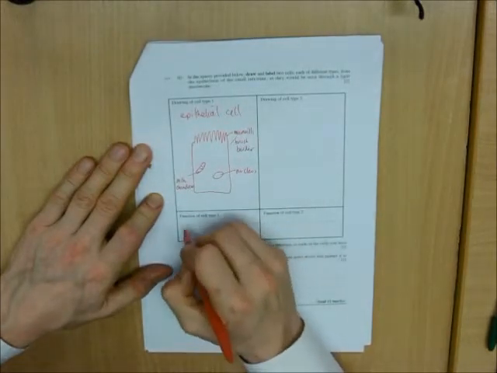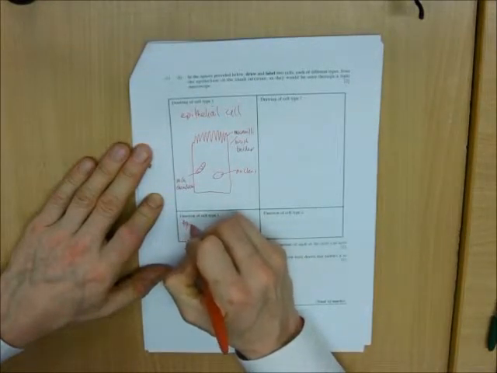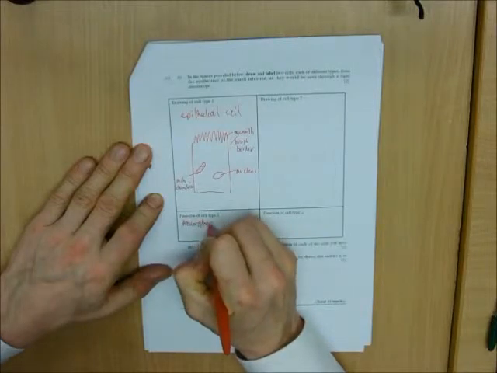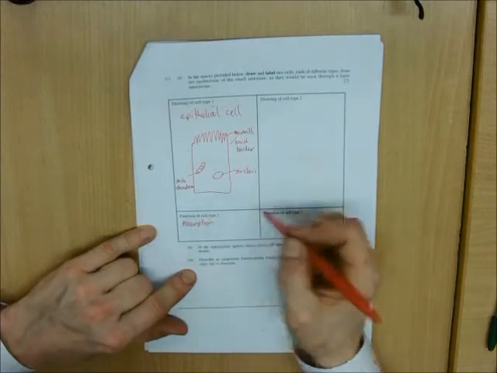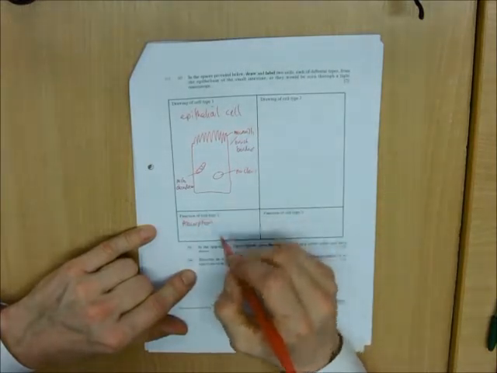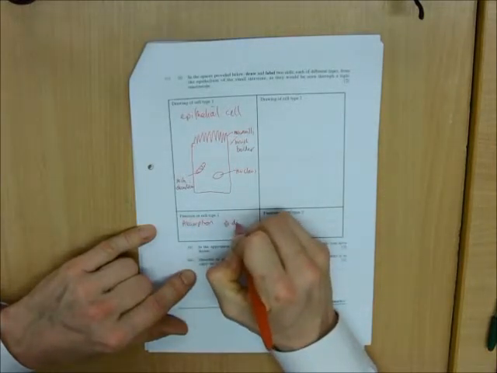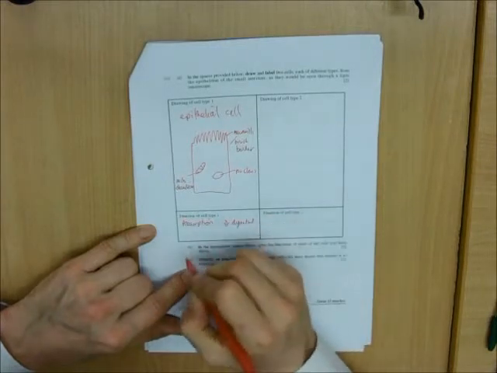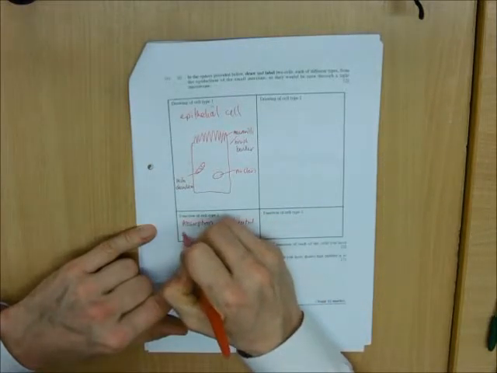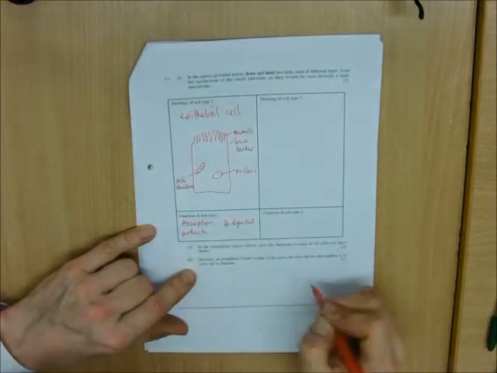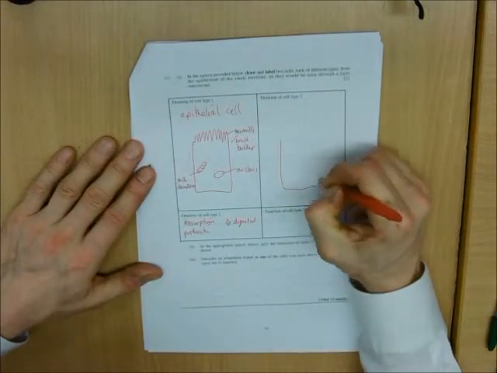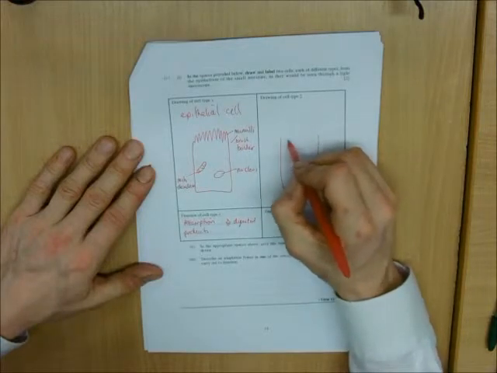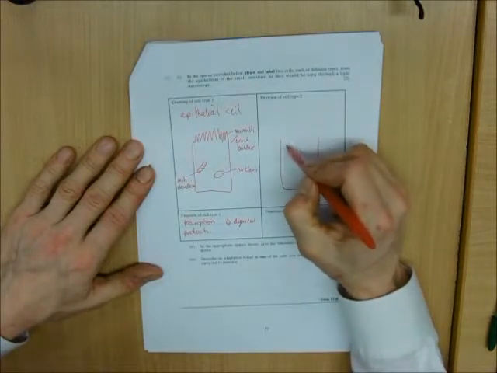So the correct function of this is for absorption, with a large surface area. So absorption of digested products, something like that. Then the other type of cell we're looking for, not quite the brush border, is the goblet cell.